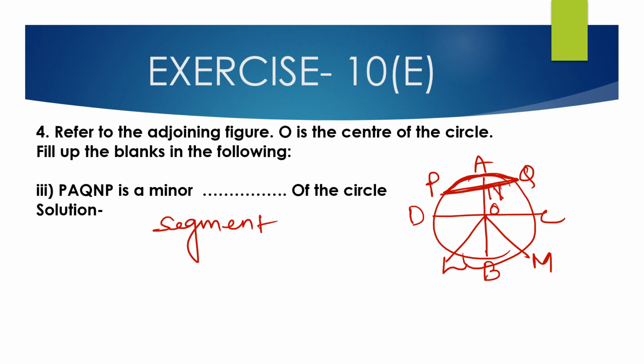This is the minor segment and P, L, B, M, C, Q is the major segment. So PAQ and P is the minor segment of the circle.